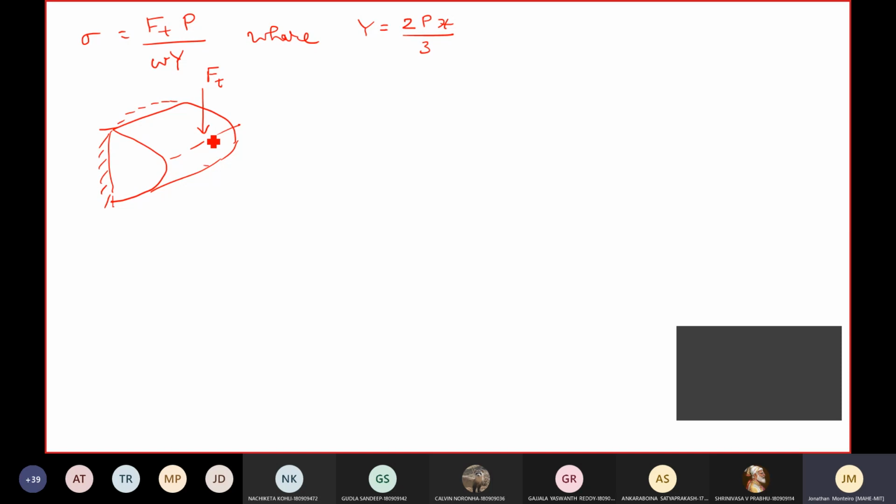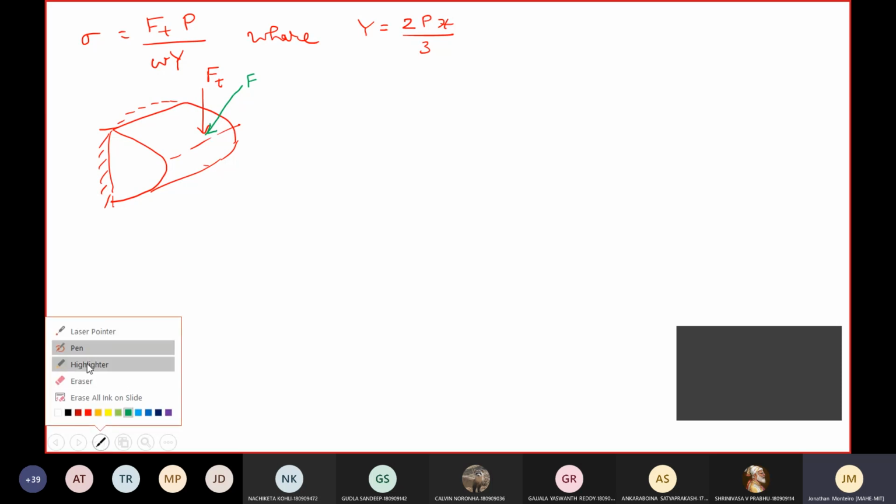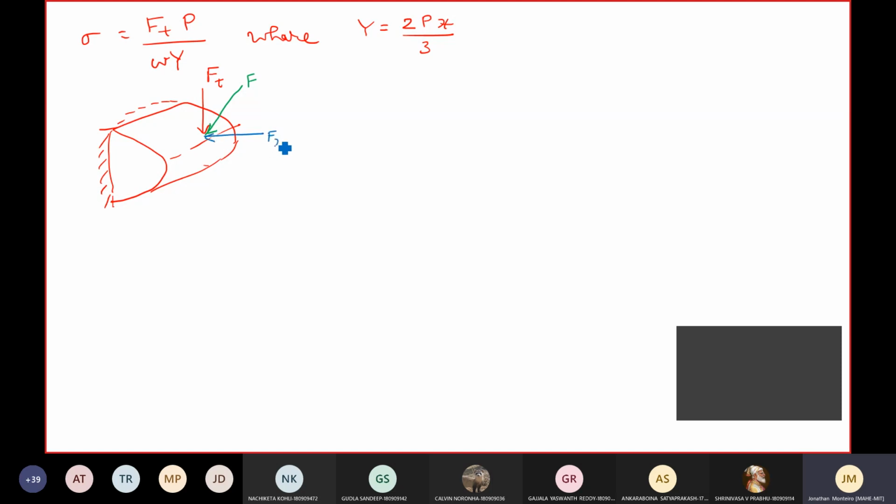Actually the load is acting somewhat like this. If you say normal to the tooth, then it is like this, F. Then there is one more component, correct? If you resolve that F into one more component, which is that component that we have not spoken of? Can you guess? This is the Fr component. I told you that we'll discuss it later.